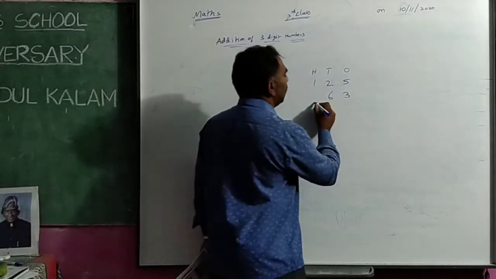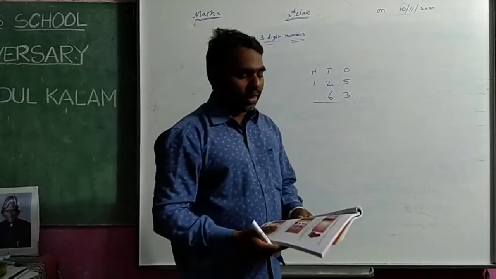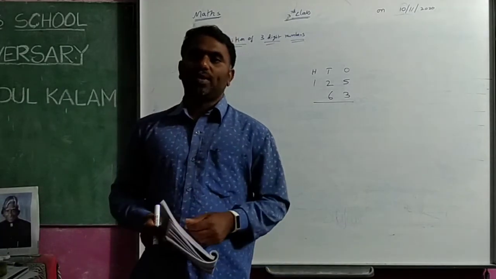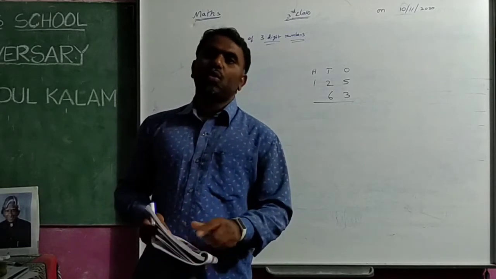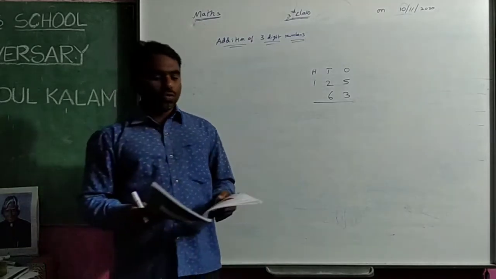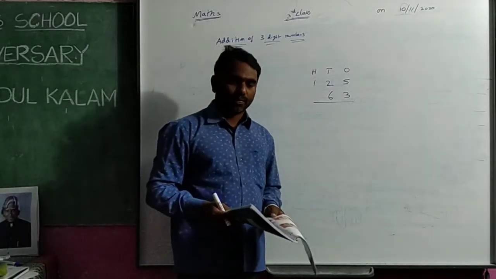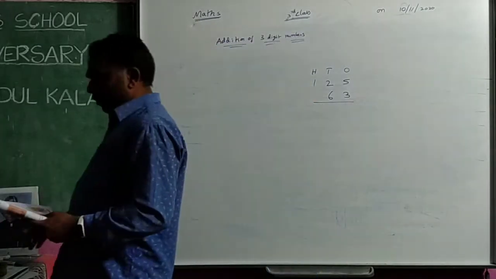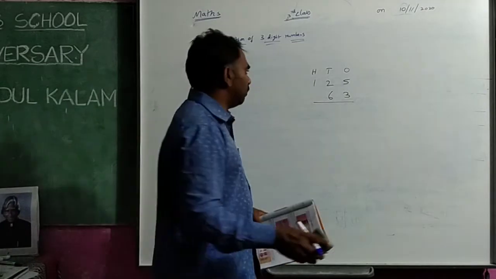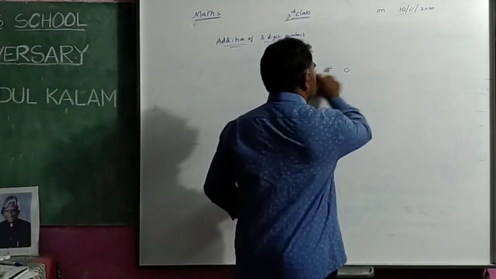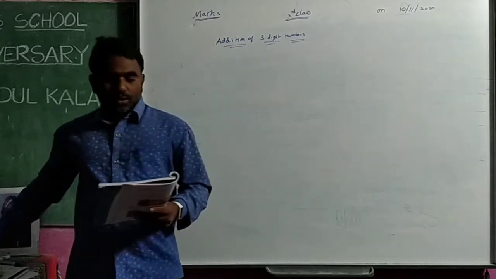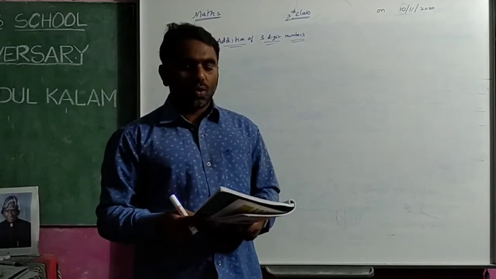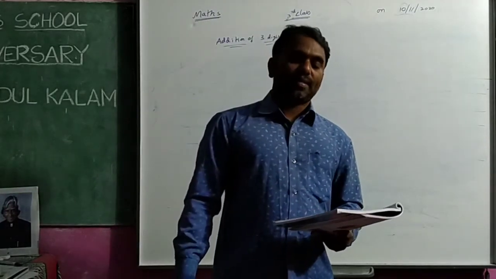After writing that, we need to add. Here you can do the direct method. Pictures are not needed, practical method not needed, the direct method you also know very well. You write the direct method in the textbook only. These two problems you need to do in the textbook only, not in the notebook. Then one more example. Read the next example on page number 37, middle problem. We know that the total number of students in Kondur school is 147.